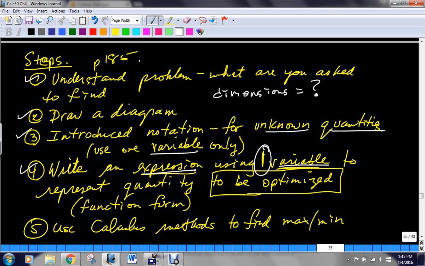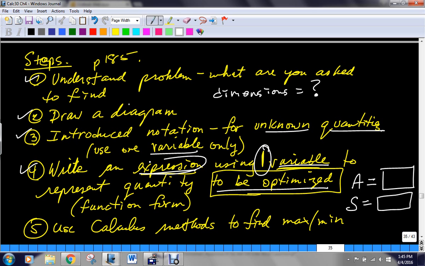So in terms of one variable to represent the quantity that is to be optimized. So this is important, to be optimized. If you're optimizing area, then you want an area function. If you're optimizing sum, and you find a minimum sum of something, maybe you want to write a function that represents the sum. So this is important. The expression represents what it is that you want to be optimized.